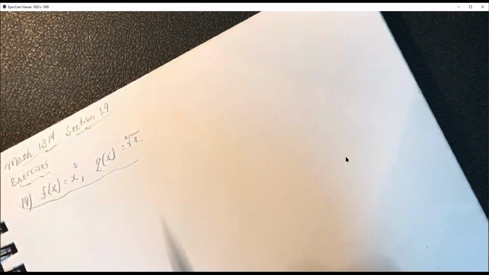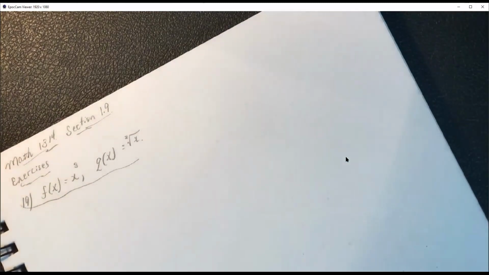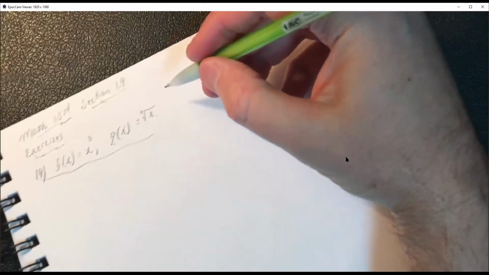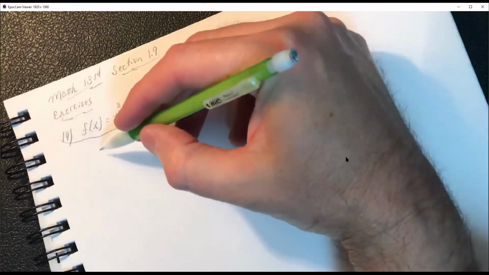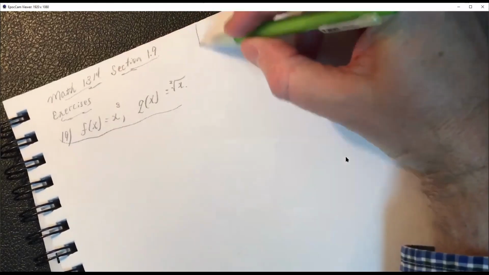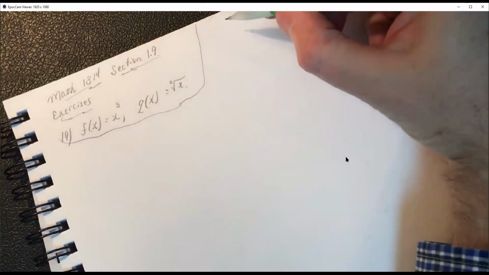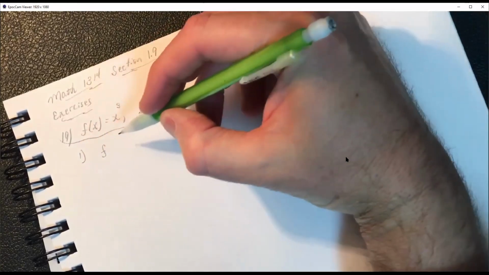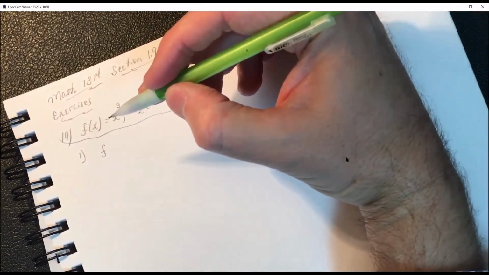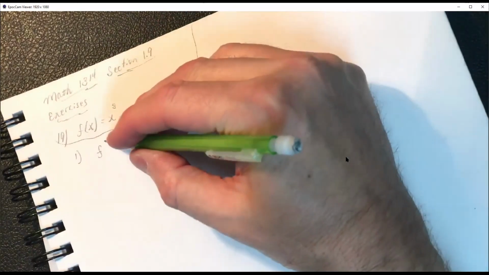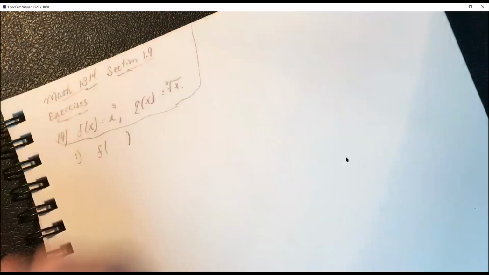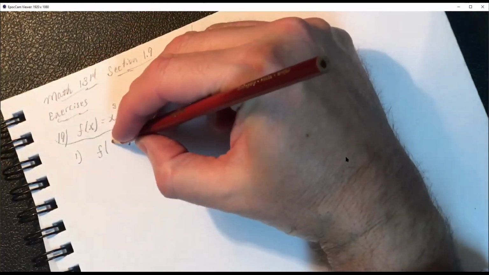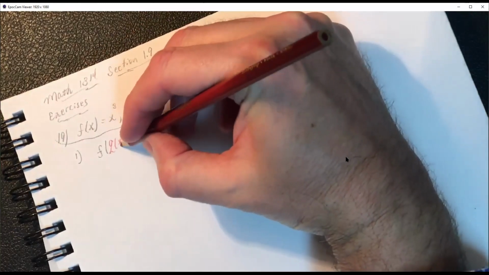Okay, so we already matched the graph. We don't have to graph anything. We're just going to test if these are inverses. So we need to check the two compositions. So in no particular order, let me pick a colored pencil, that might help. If we have f of g of x, that's one thing to check.